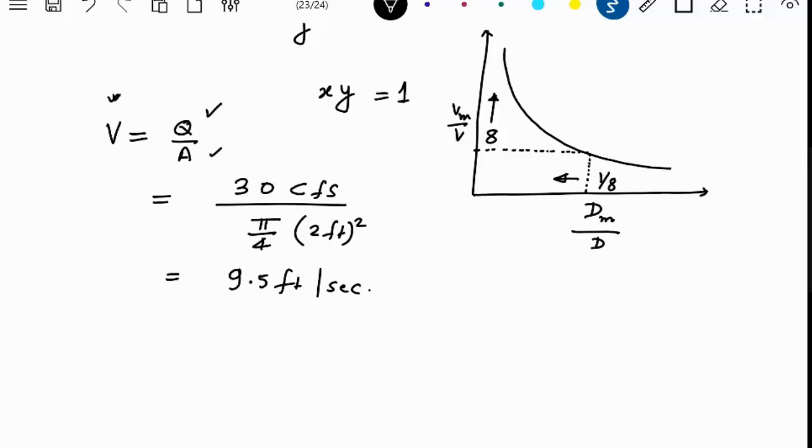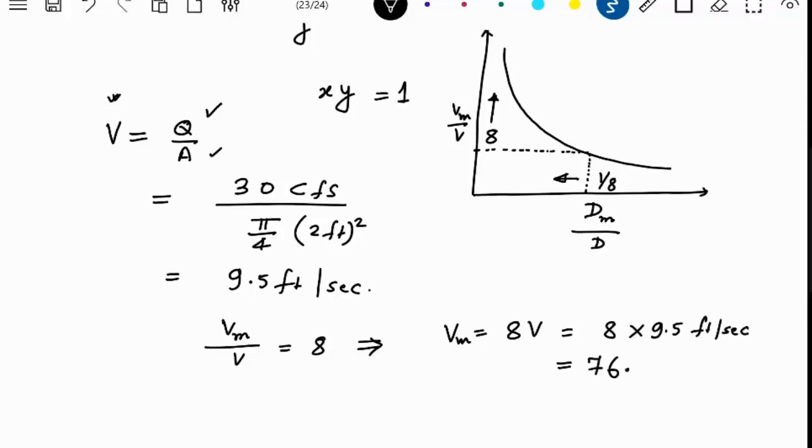And once I know velocity in the prototype, I can calculate velocity in the model because I know the ratio. So what was the ratio? Vm by V is equal to 8. So from here I can write Vm is equal to 8 times V, and V is 9.5 feet per second. So from here I can say 76.4 feet per second. So this is the velocity we will have in my model.